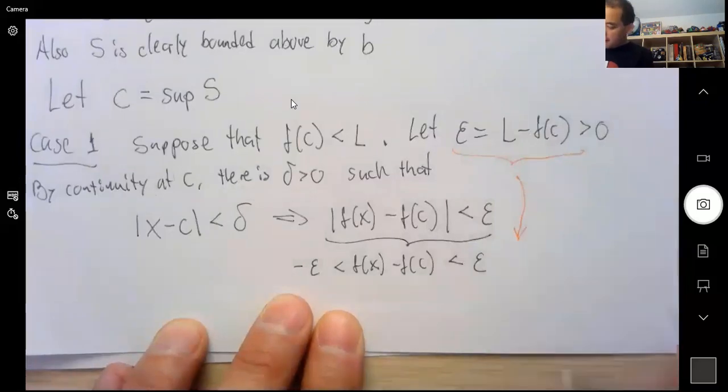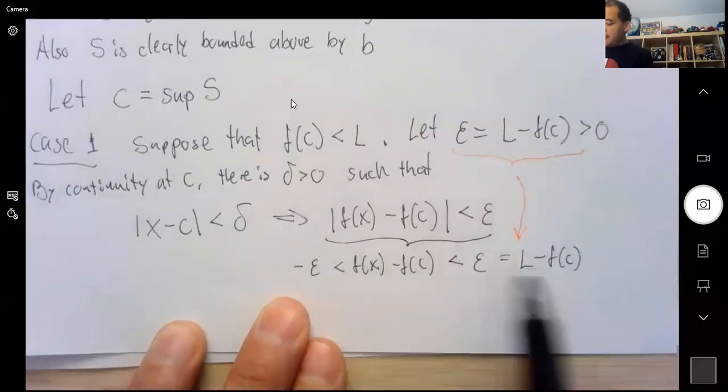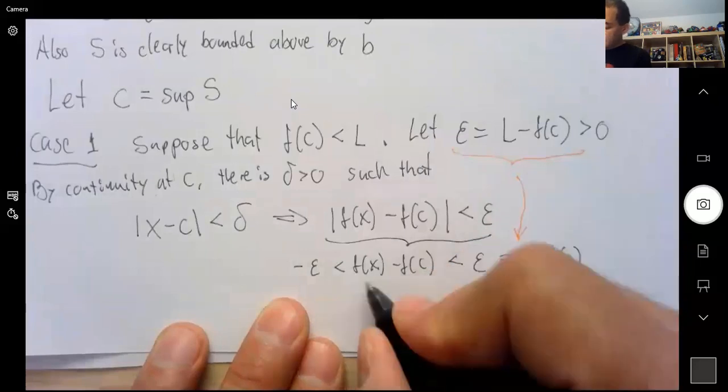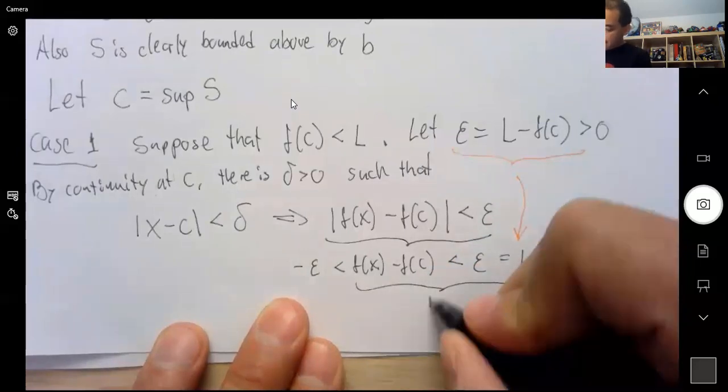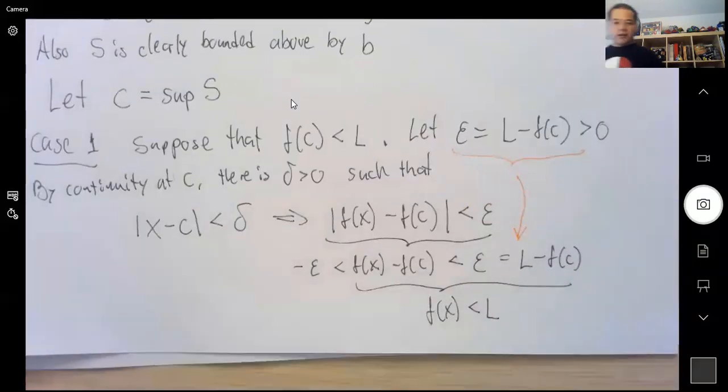Epsilon is L minus f of c. So from this inequality, if you add f of c to both sides, what you get is that f of x is less than L. So look what we just found.